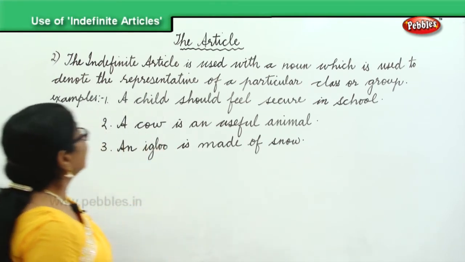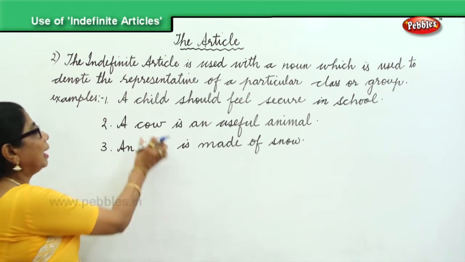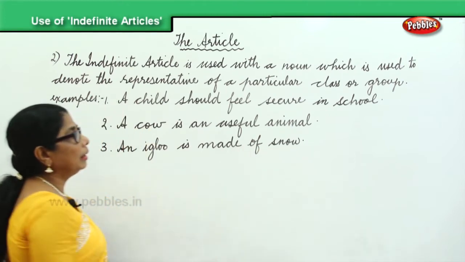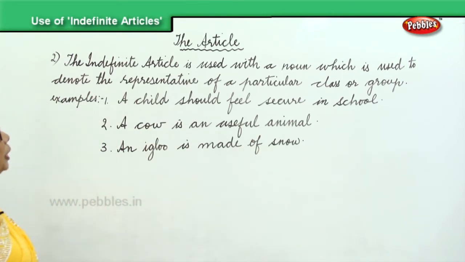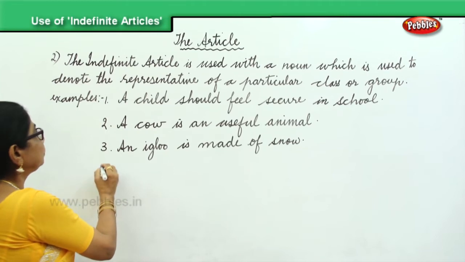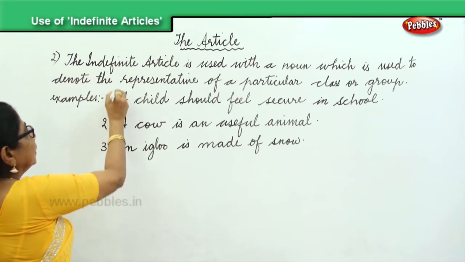So I have given you three examples here. The definite article is used with the nouns cow, igloo, used to denote the representative of a particular class or group. Now, the first one, a child.